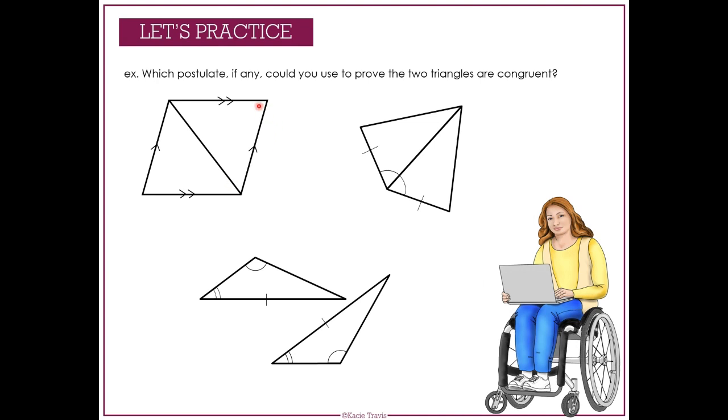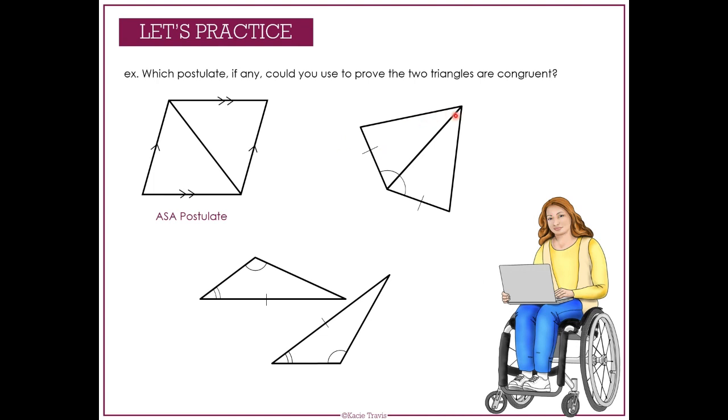You could also say that this angle here and this angle here are also alternate interior angles. So we have two pairs of congruent angles. We also have this side in the middle that both of them share. Because they both share it, it's congruent to itself. This is going to be congruent based off of the angle side angle postulate. We have a couple pairs of angles, and we have a side that is congruent between the two.